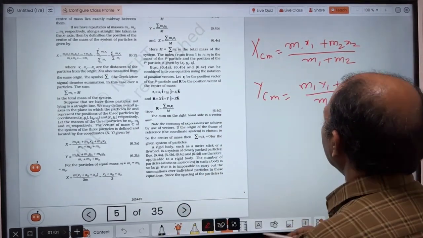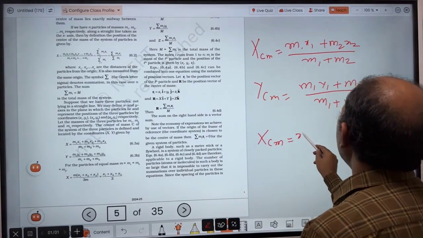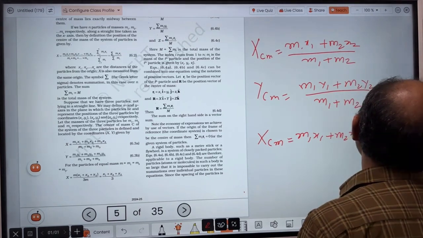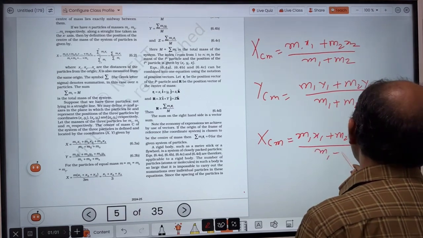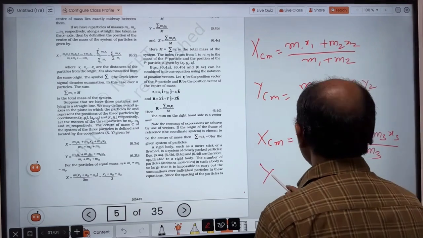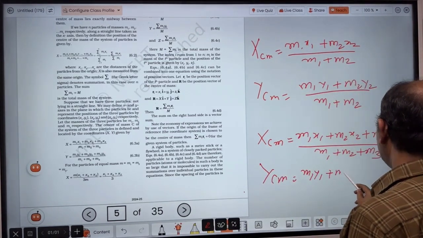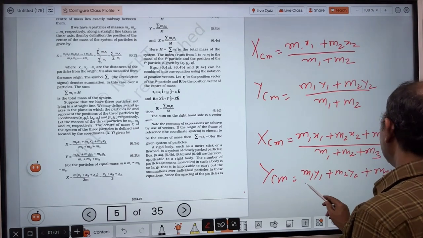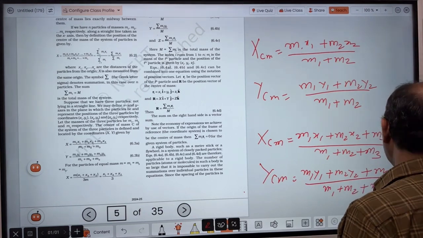If a three-body system is there, in that case we extend this. So x_cm will be m1 x1 plus m2 x2 plus m3 x3 divided by m1 plus m2 plus m3. Similarly, y_cm will be m1 y1 plus m2 y2 plus m3 y3 divided by m1 plus m2 plus m3.